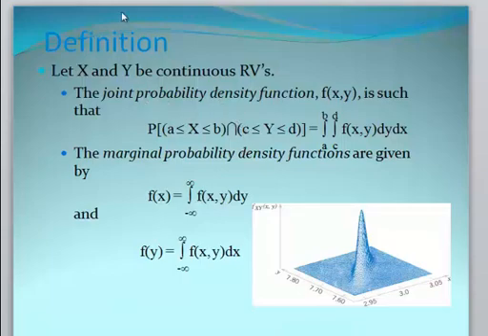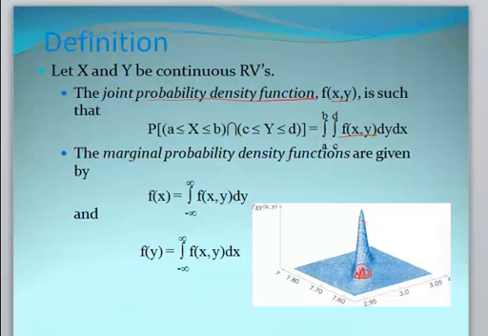In essence, you can say that the joint probability density function in any particular place can be calculated by simply taking a chunk of the volume underneath that tent in those particular areas, and that will give you the joint probability between those values.